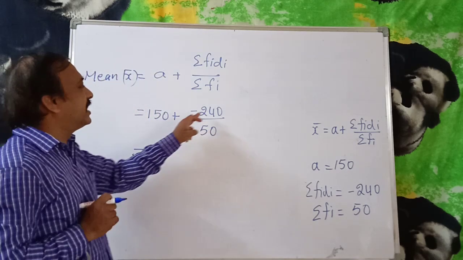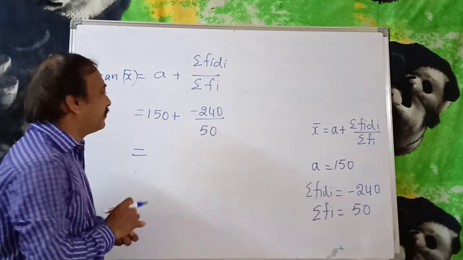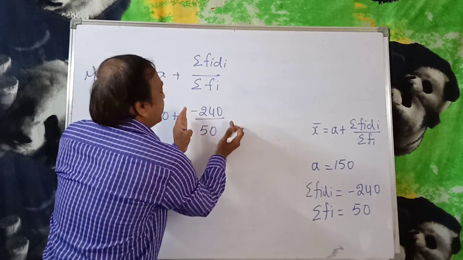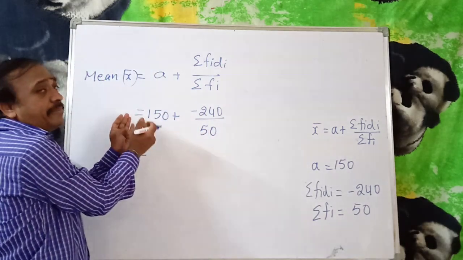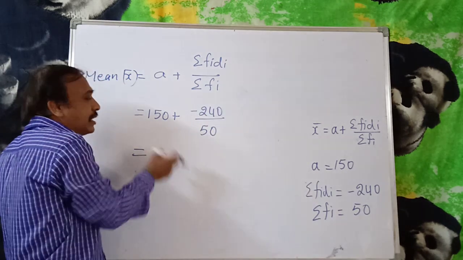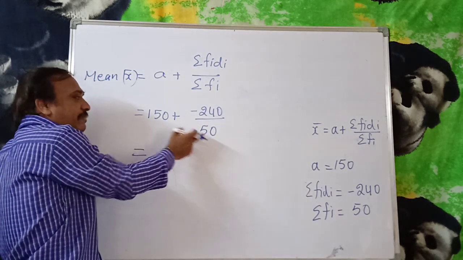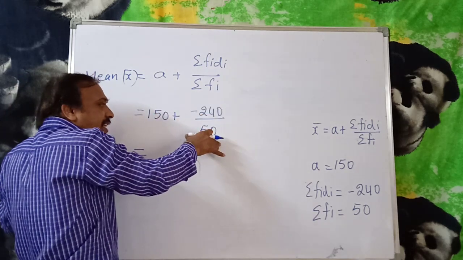Now minus 240 by 50. First you simplify this value. That answer could be added or subtracted based on the signs. Or else you can take the LCM, but LCM means again it is a big value. So you simplify this value first.